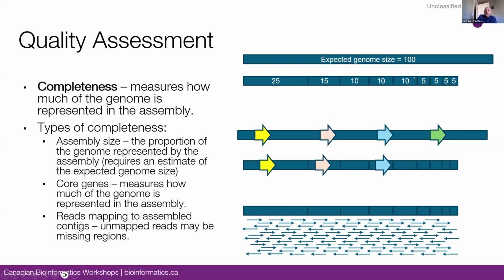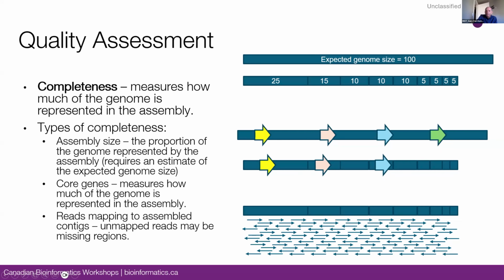To do it, you need to have an expected genome size. You may not have that, right? Or it could be that your genome is radically different for some peculiar reason from the expected genome size. So it's not great, but it's a measure of quality assessment. And in most cases, it's going to be pretty close.